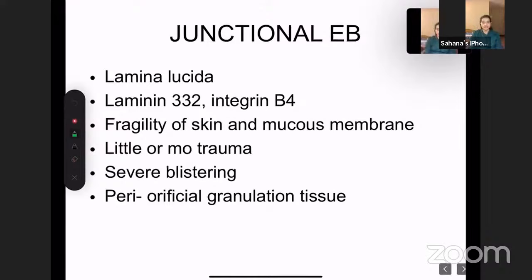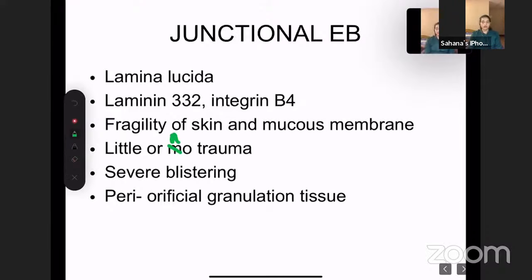So how do we differentiate junctional EB from EB simplex? That is the main question here. Like I said, there are a lot of types of junctional EB, which I'll be telling you in the next slide. We can't differentiate much, but there are certain points which are very critical in junctional EB: there is little or no trauma. Excuse me for the spelling mistake.